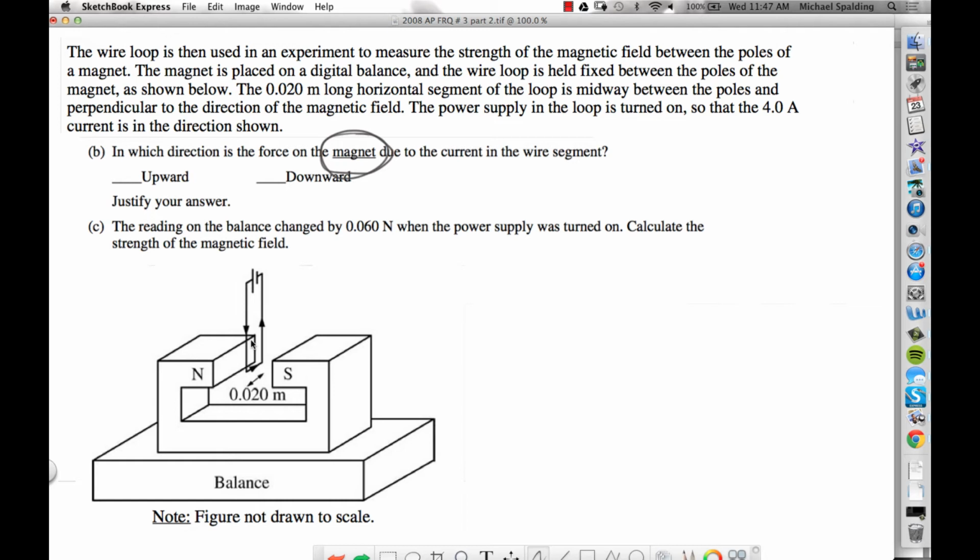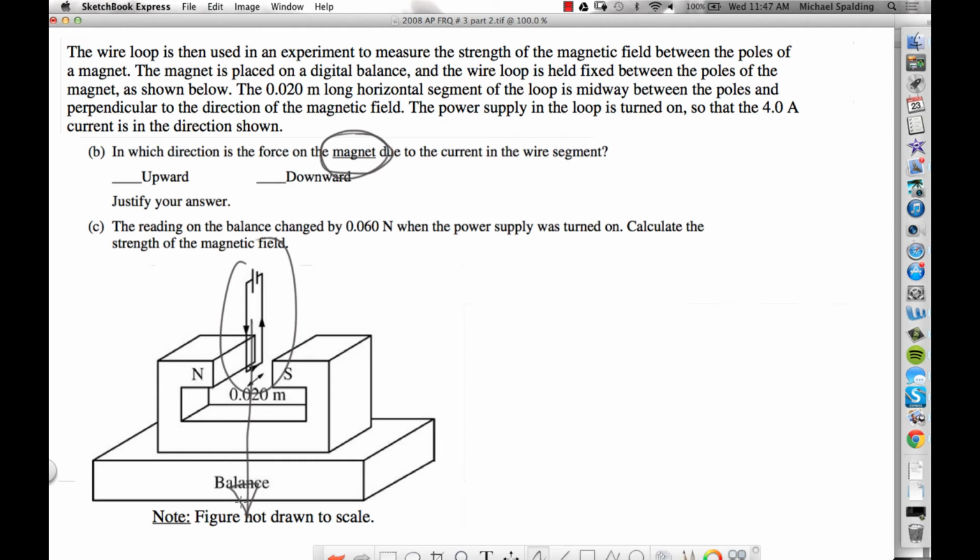Why are my 4 fingers to the right? Because what's the magnetic field doing? The magnetic field shoots to the right. Okay? Which way is the palm of our hand? Down. So which way is the force on this loop of wire? Down. The magnetic field is pulling the loop down.